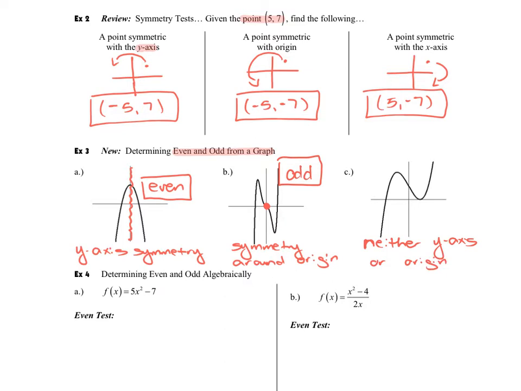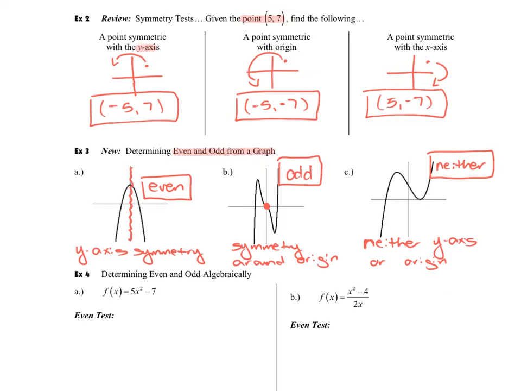Something might have neither. It doesn't have to have one. However, we would say that this function is neither. Only y-axis symmetry and origin symmetry give us an actual even or odd. Any other type of symmetry, or a lack of those symmetries, we will classify as a neither.